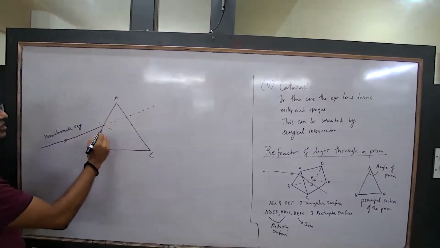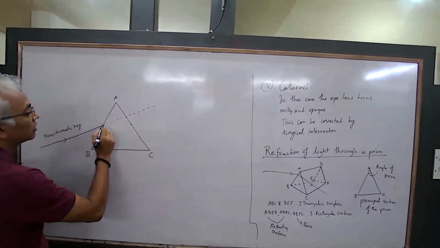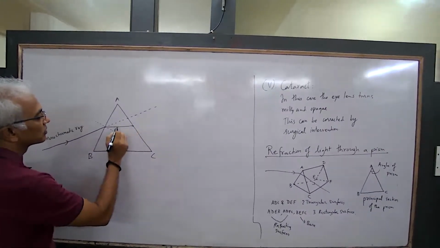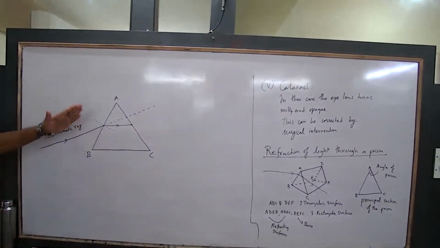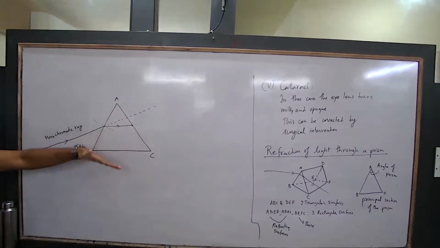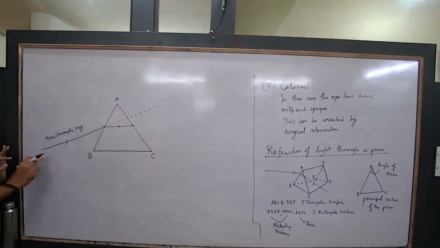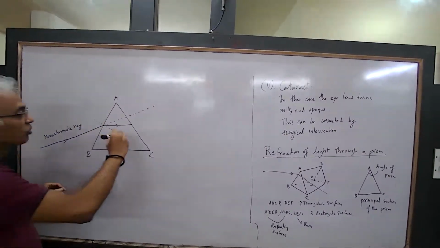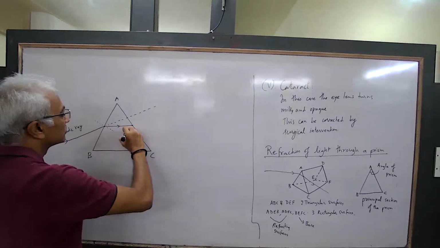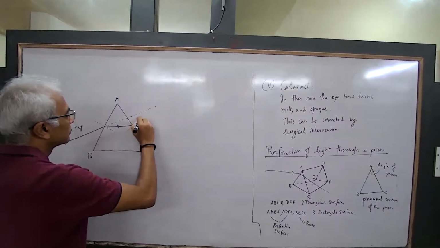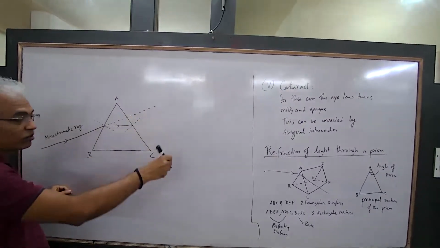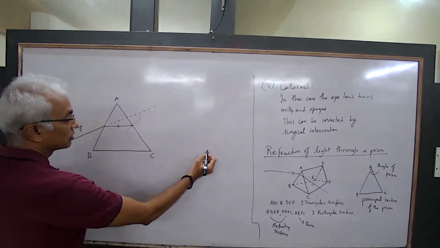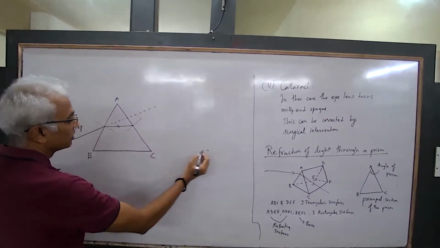Now it will bend towards the normal, that means it will bend towards the base. When it bends towards the normal, make it parallel to the base. Again you need one more normal here. So it will now go away from the normal. Again mark a dot on the baseline of the prism somewhere and join these two.